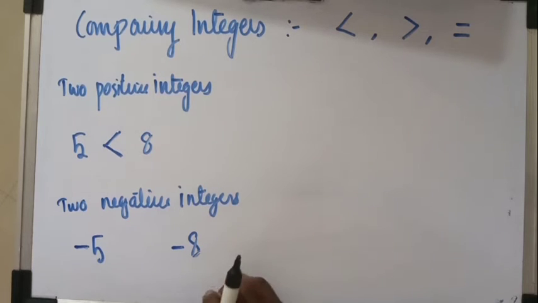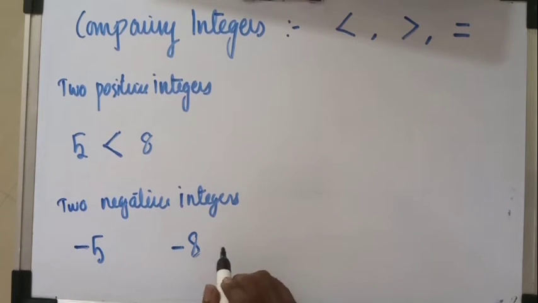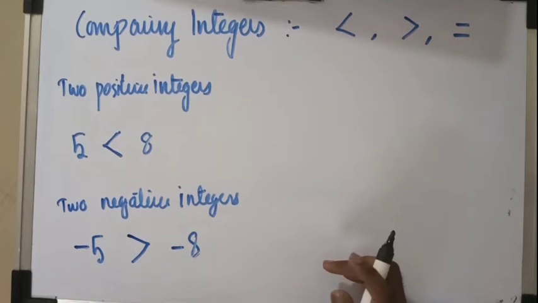So that is why, when you compare two negative numbers, the smaller number will always be the greater number. Always remember, the smaller number will always be the greater number in case of comparing two negative integers.